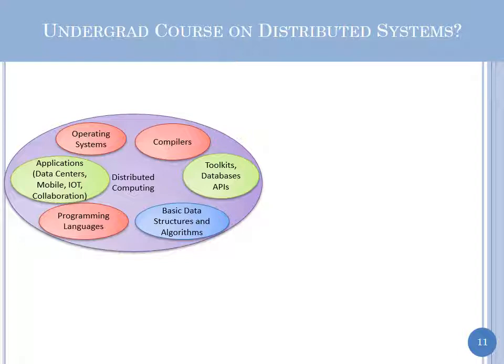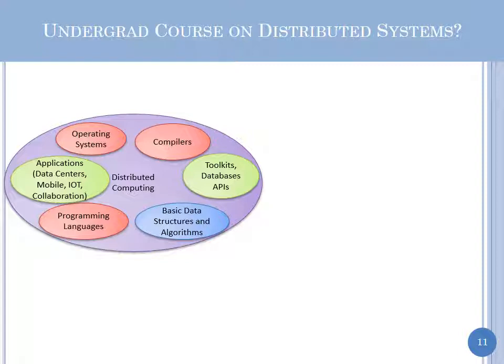You can break up your undergraduate course or any kind of curriculum into multiple circles with courses like compilers, operating systems, programming languages, data structures and algorithms, and then there's all kinds of applications courses and toolkits. MapReduce might be a toolkit that somebody provides you, for instance. So all of these things are related to distributed computing. If I have a programming language, I can imagine a distributed programming language.